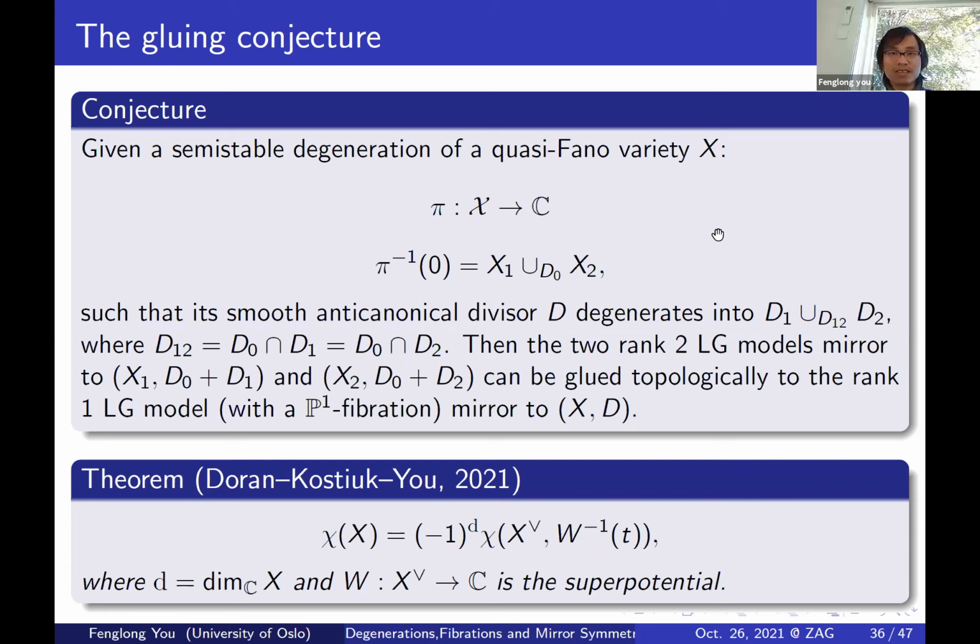So basically, the conjecture here says that if we have a degeneration of a log Calabi-Yau pair, then on the mirror side, we have two rank 2 Landau-Ginzburg models, and we group them together to get a rank 1 Landau-Ginzburg model. And we can also compute the Euler characteristic, which may also satisfy this mirror relation.